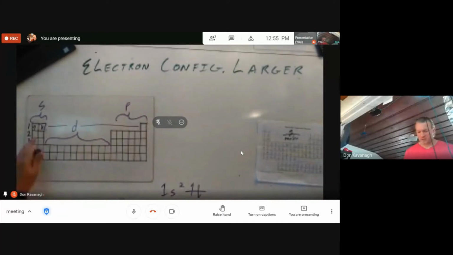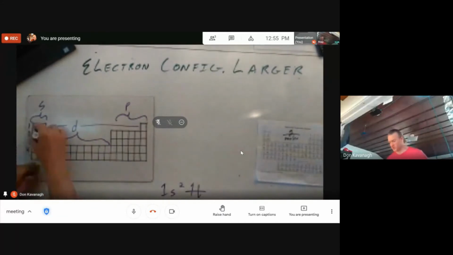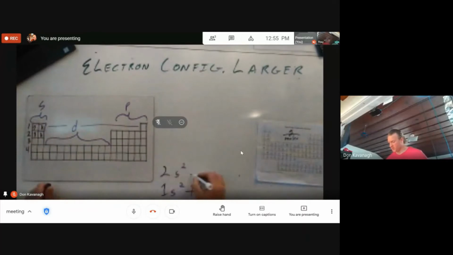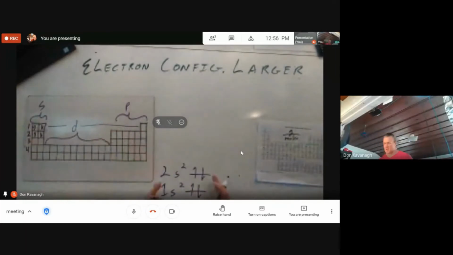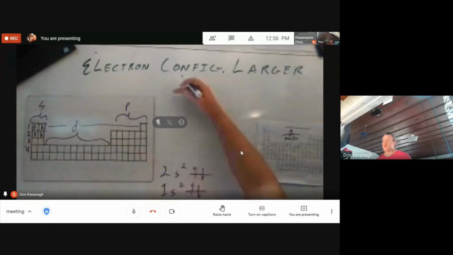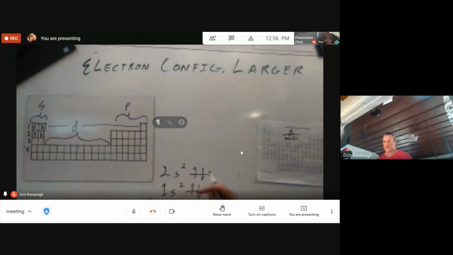Now fill in the next 2 electrons. They're going to be 2s2, spin up, spin down. Now this table I am filling left to right, top to bottom, just like you read in a book. This picture I'm drawing here, I am filling up, and as I am filling, the electrons get farther away from the nucleus.